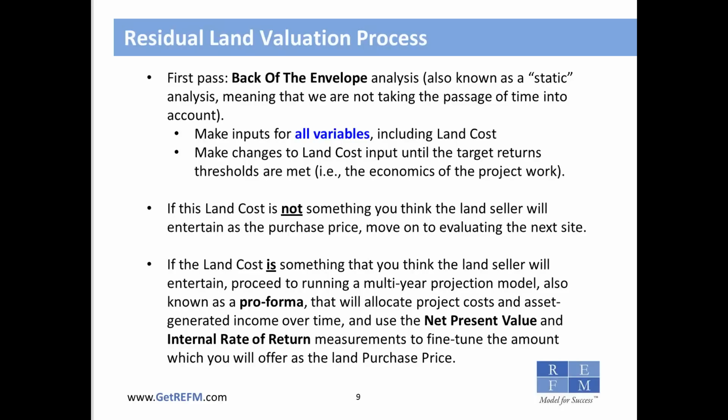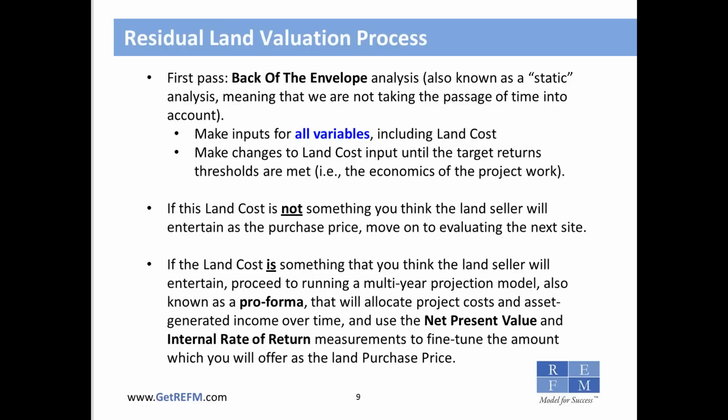We're basically going to make inputs for all of the variables, including the land cost, and then, given how the returns look, we're going to make iterative changes to those variables within reason, especially to the land cost, such that we can converge upon the appropriate economics.